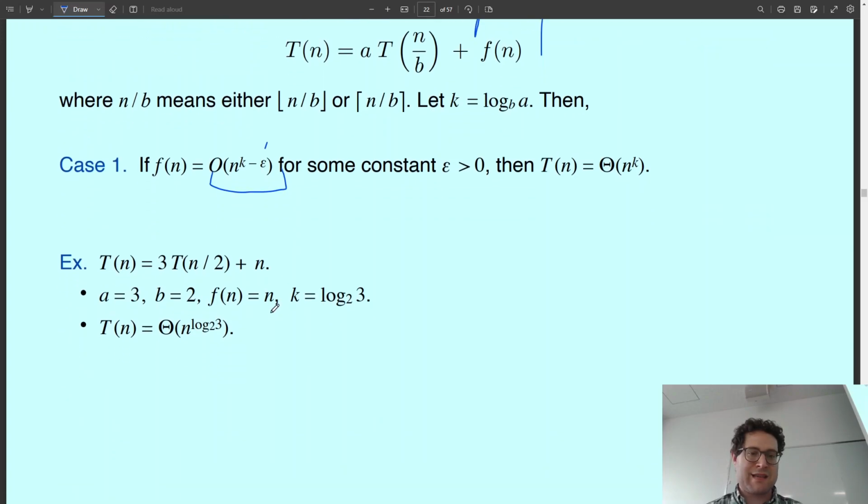So it's showing that the function f of n, which is n over here, can be described in terms of log base 2 of 3 minus some eta, which makes sense to me.